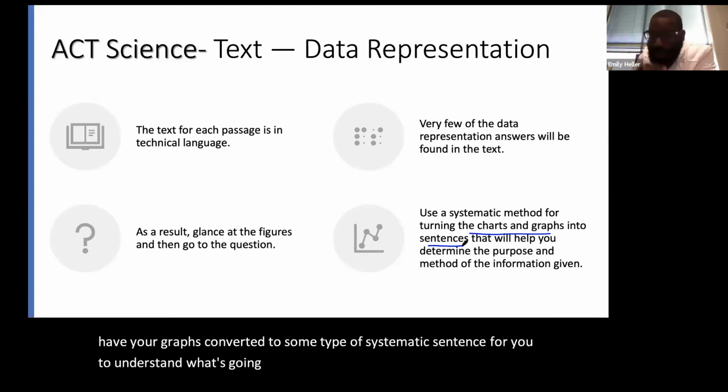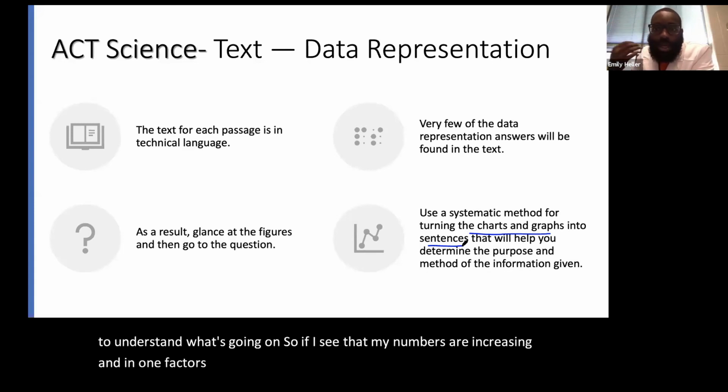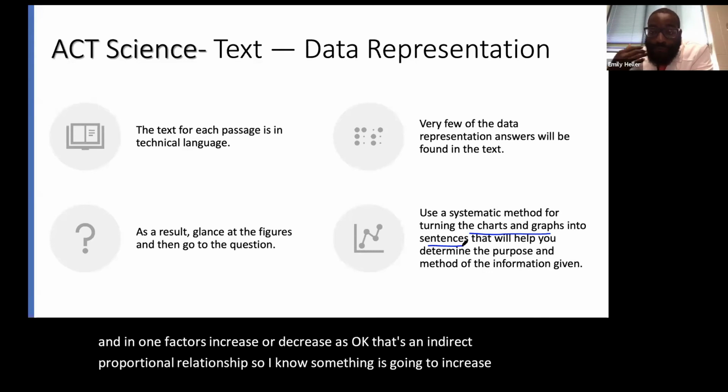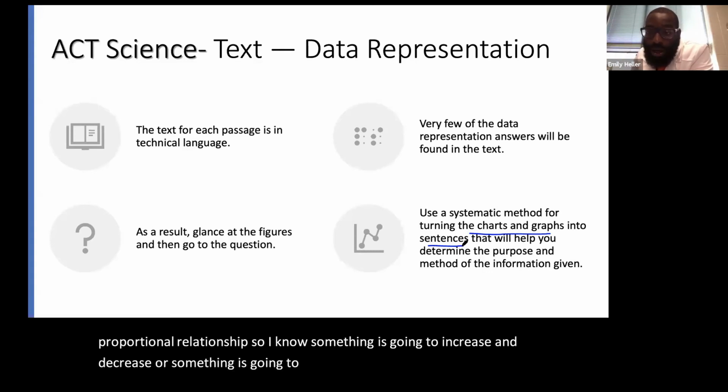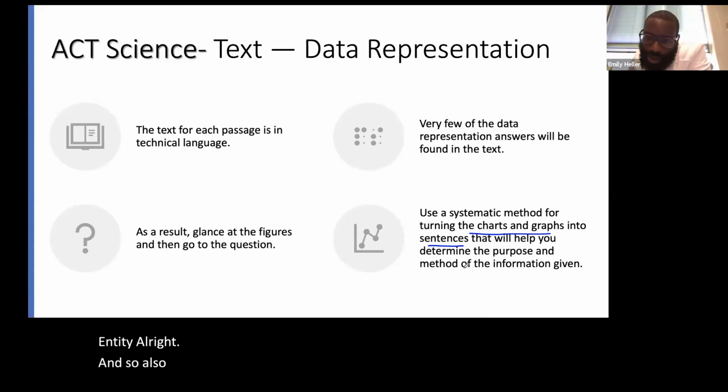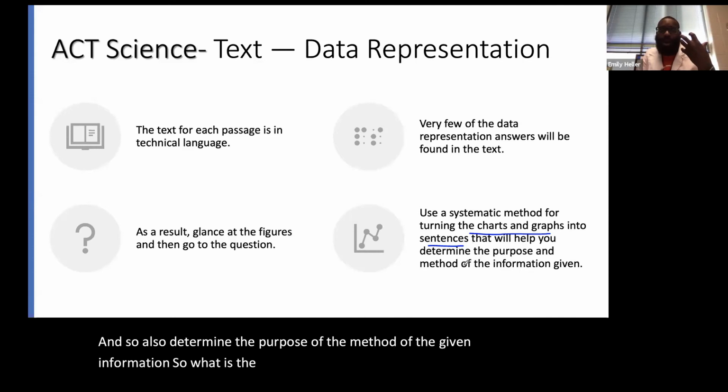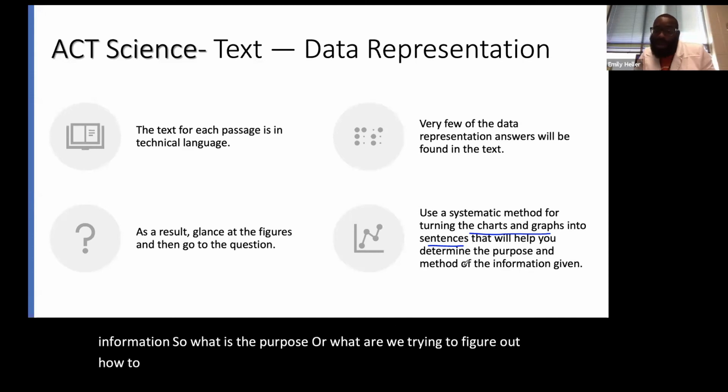If I see that my numbers are increasing and one factor is increasing while others decrease, I say, okay, that's an indirect proportional relationship. So I know something's going to increase and decrease, or something's going to adversely affect the other entity. Also determine the purpose of the method of the given information. What is the purpose? What are we trying to figure out? How does this relate to the overall data analysis of the representation of the data?